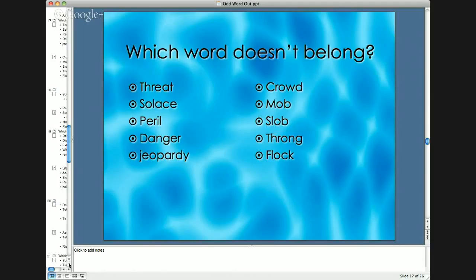If someone threatens us or we receive a threat, that means there's a threat to our safety, which means it's dangerous. And peril, right, is also a dangerous situation, to be in peril. So the answer is solace.